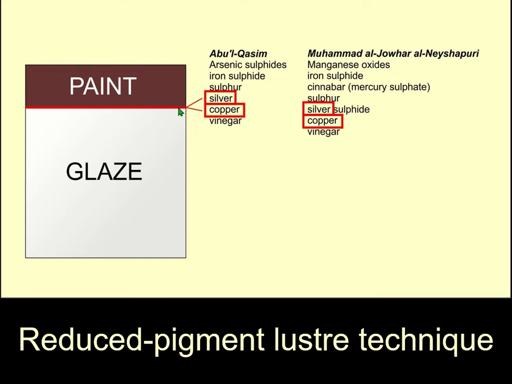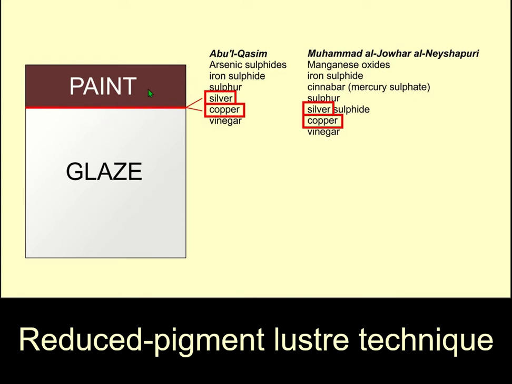Now this is a very difficult technique, because what you need is for the glaze to become sufficiently soft so that the silver and the copper come out of the paint and fuse to the surface. If the glaze doesn't become soft enough, it doesn't fuse to the surface. If the temperature is too high, all of this paint, all of this guck, basically fuses to the surface and it looks hideous.